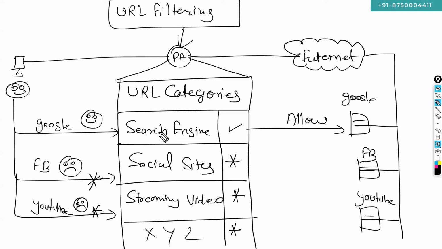So users can access sites like Google. If you want to allow Facebook, you can; you just need to enable social sites access. So you can control the URL access of public servers through the Palo Alto Firewall, and to do so there is no need to purchase any proxy server. On the Palo Alto Firewall, we can do this only with the help of URL filtering.